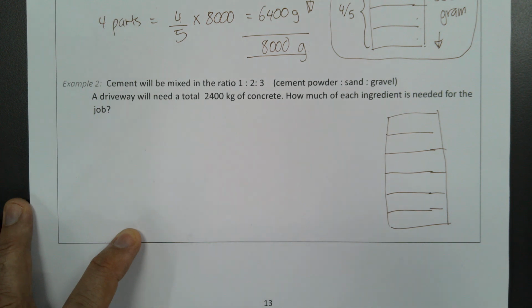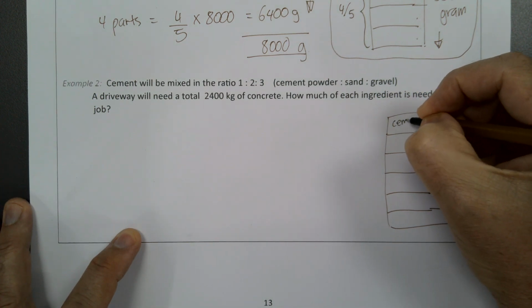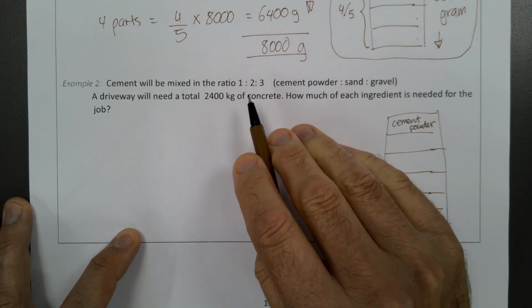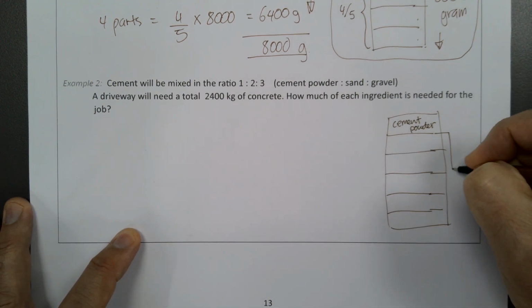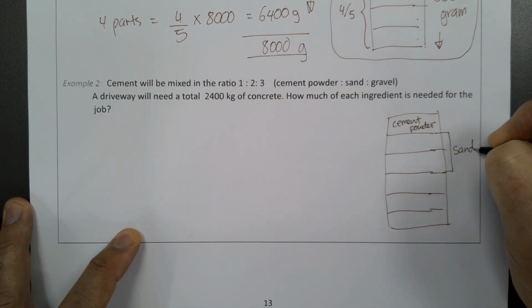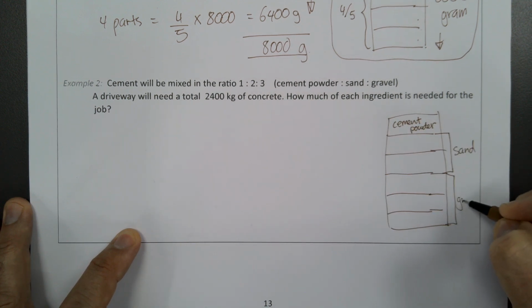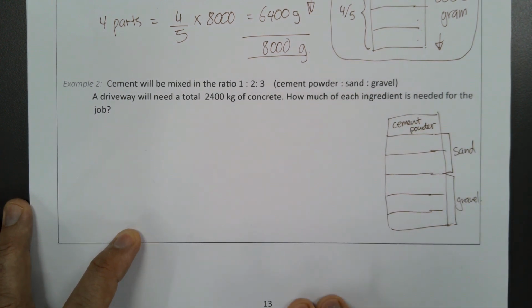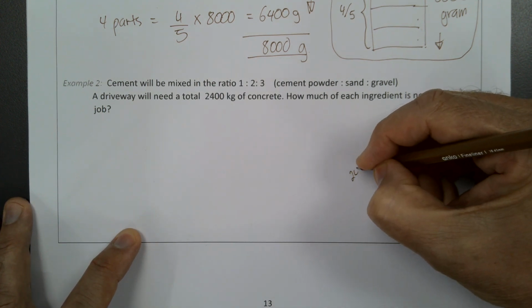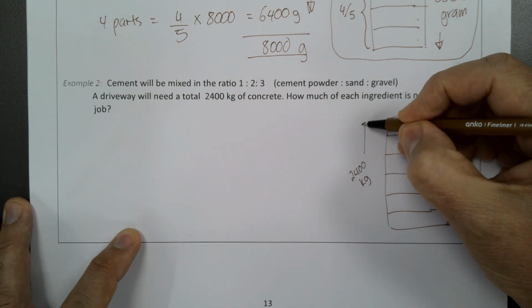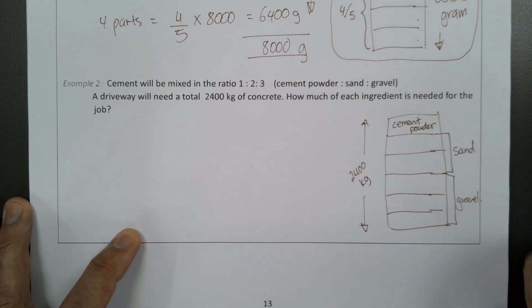So 1 part is cement powder. Here we go, that's my cement powder, just that bit there. 2 parts are sand. 3 parts are gravel. That's how it works out. This whole thing is 2,400 kilograms. The final mix, when it's all mixed together, I need 2,400 kilograms.